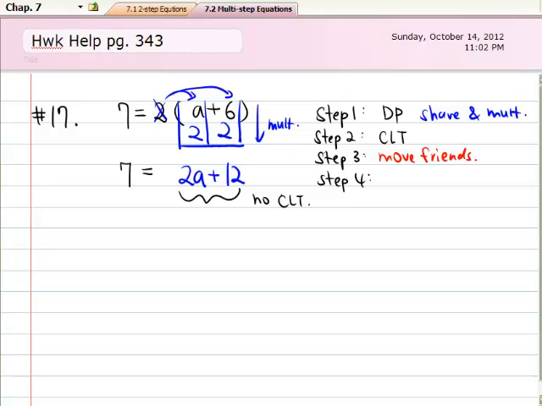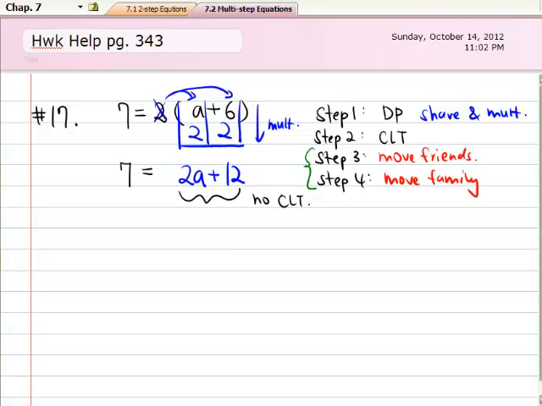Remember, friends are further away from the letter or the variable, the a here, and family is going to be the ones that are close by, which is step number 4, to move the family. Remember that in the last 2 steps, step 3 and 4, we're going to use the birthday party method.